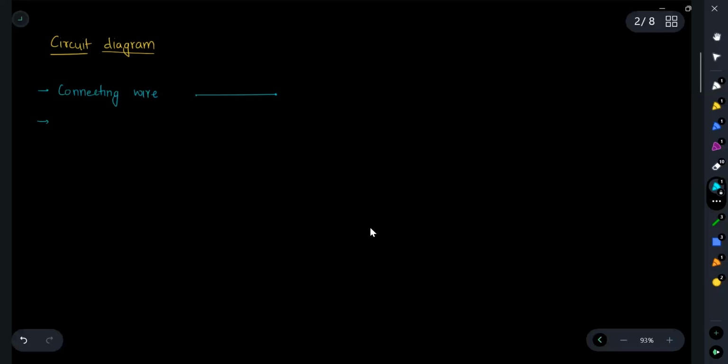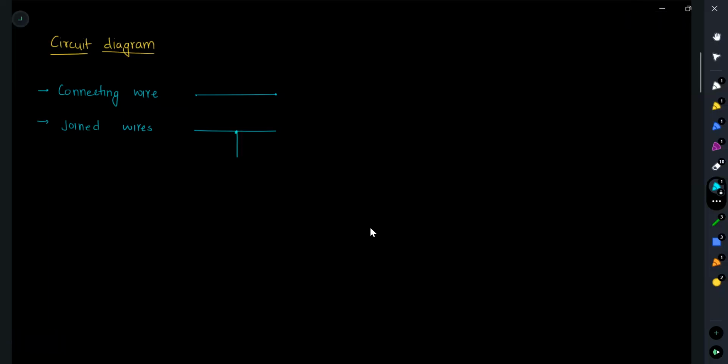Then if we have joined wires, so we represent the joint with just a single dot or a point, and then we have crossing wire without connection.